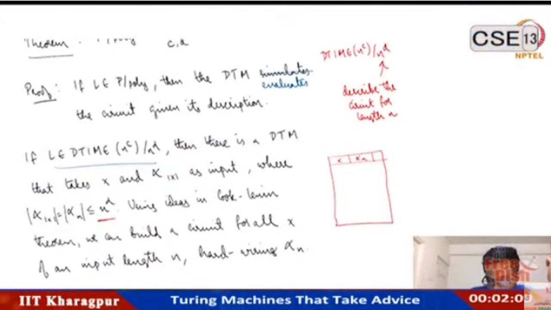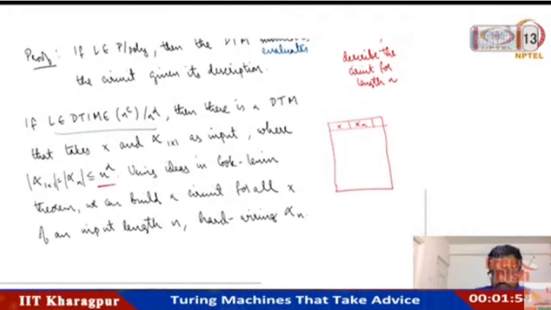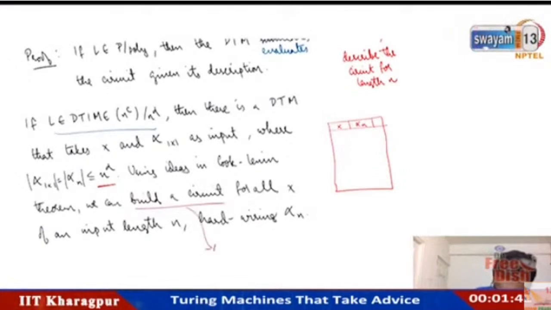That circuit will take x and alpha n as inputs, but alpha n is fixed for a certain input length. So we could as well hard code alpha n into that circuit. That may possibly simplify the circuit. So we can build a circuit for this by the proof of the Cook-Levin theorem.